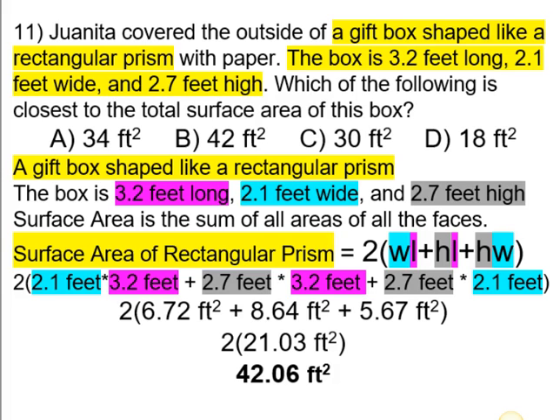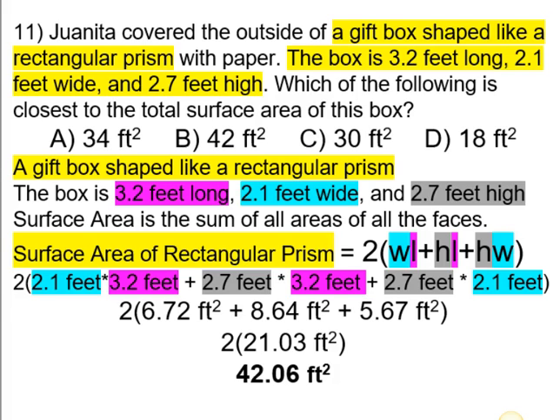Once we multiply and combine inside of the parentheses, we will end up going one line down. 2 times 6.72 feet squared plus 8.64 feet squared plus 5.60 feet squared. When I add all of the values inside of the parentheses, my total is 21.3 feet squared.